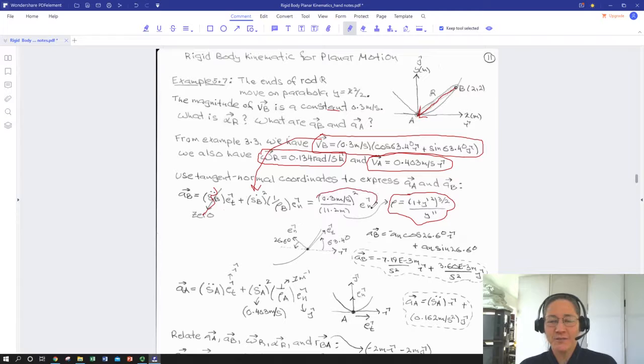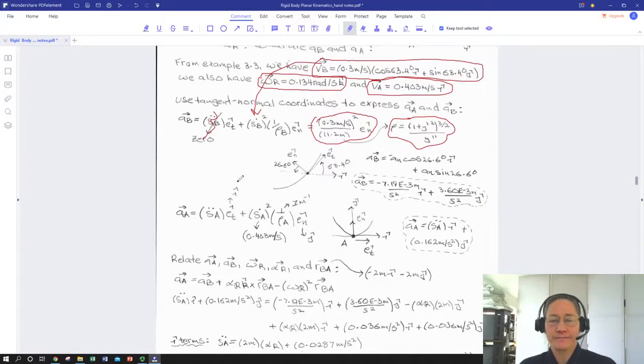We know what direction it's pointing. So we can express that it's all in the normal direction relative to the parabola.